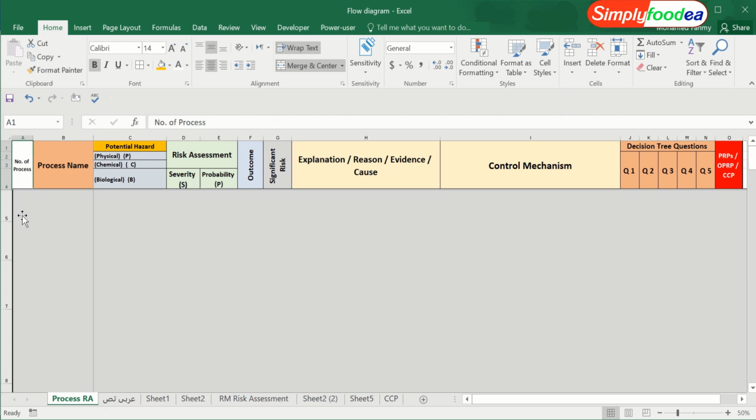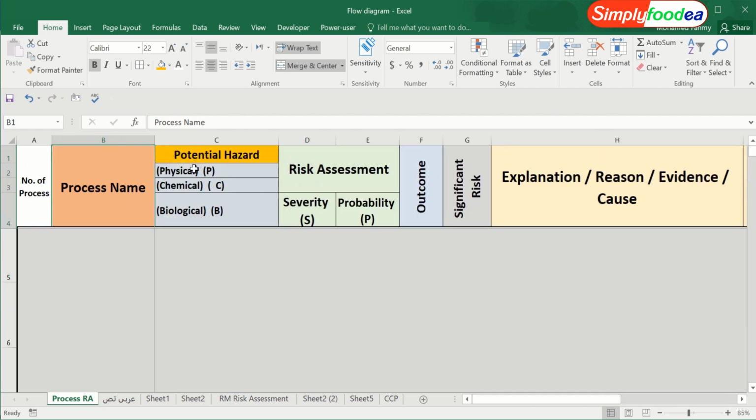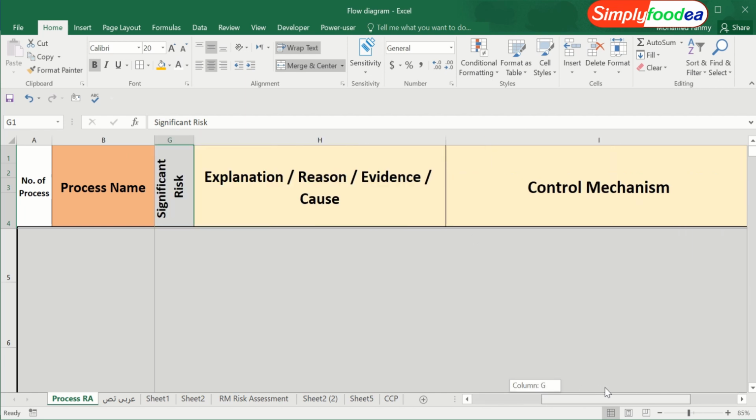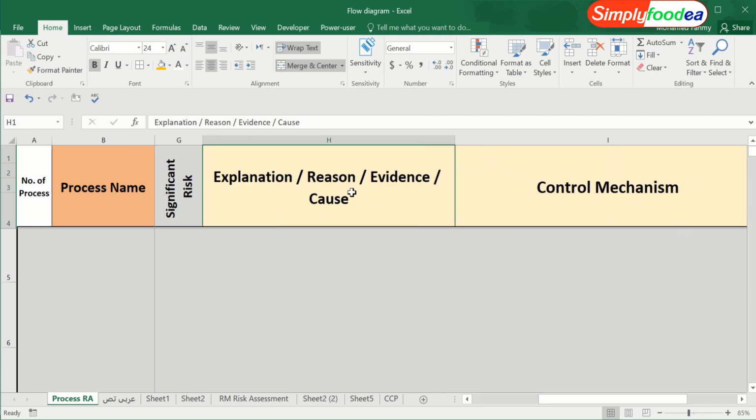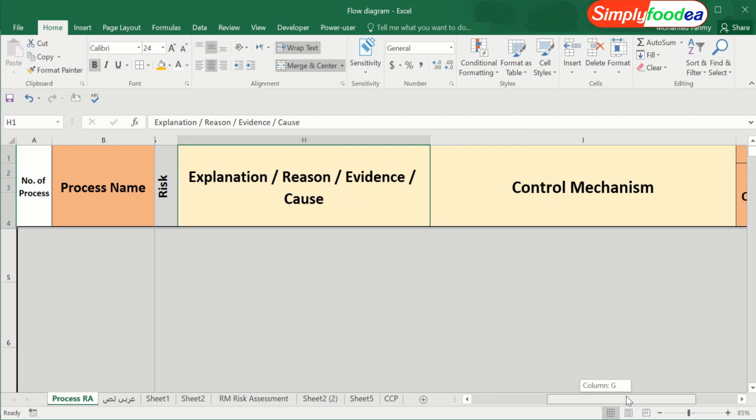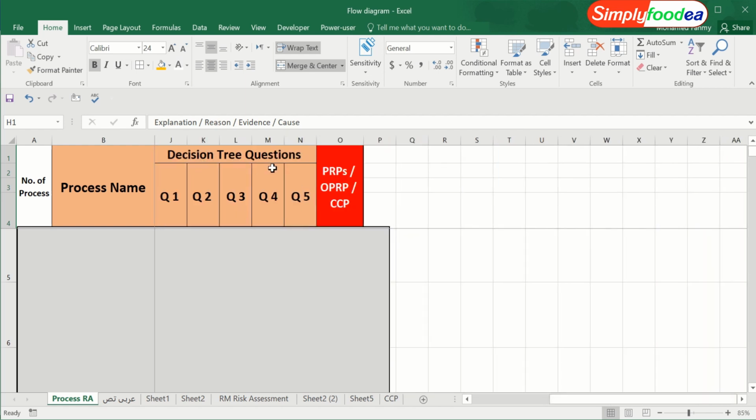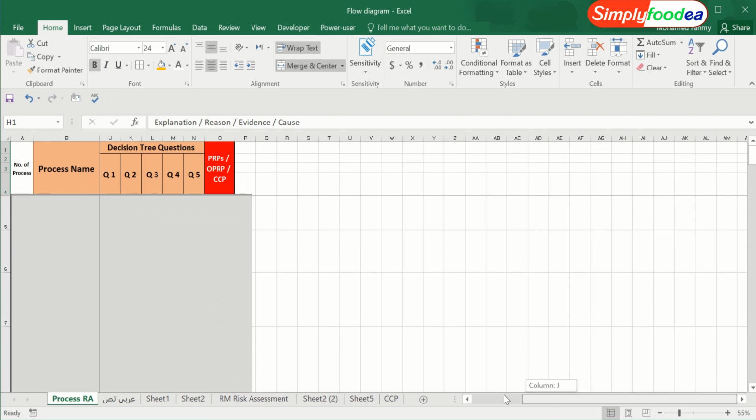So you will write in the first cell the process number and name, the potential hazard, whether it's physical, chemical, or biological, the risk assessment, which is the multiplication of severity by probability, the outcome, the significant risk, the explanation or the reason of this evidence or the cause, the control measure, and the questions of the decision tree from 1 to 5, and whether it's PRP, OPRP, or CCP. Okay.